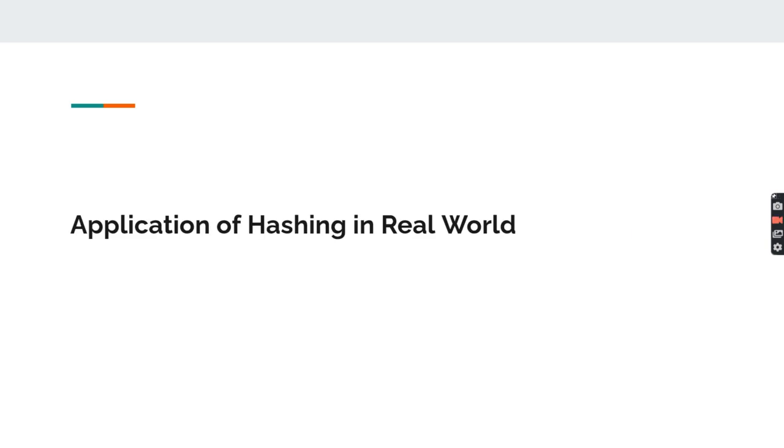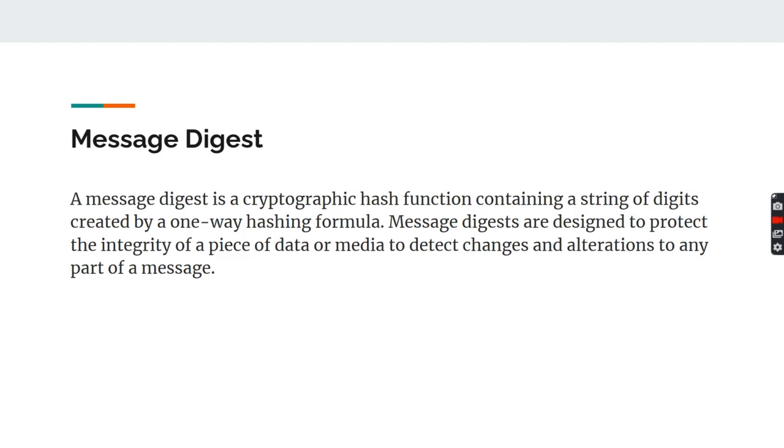Moving on, let's have a look at the applications of hashing in the real world. First, message digest. It's a cryptographic hash function containing a string of digits created by a one-way hashing formula. Message digests were designed to protect the integrity of a piece of data or media, to detect changes and alterations to any part of a message.